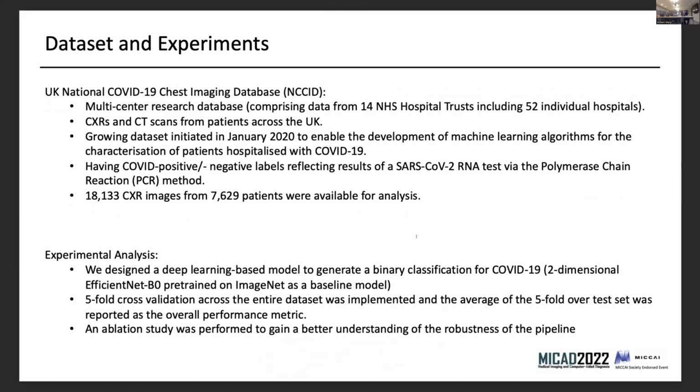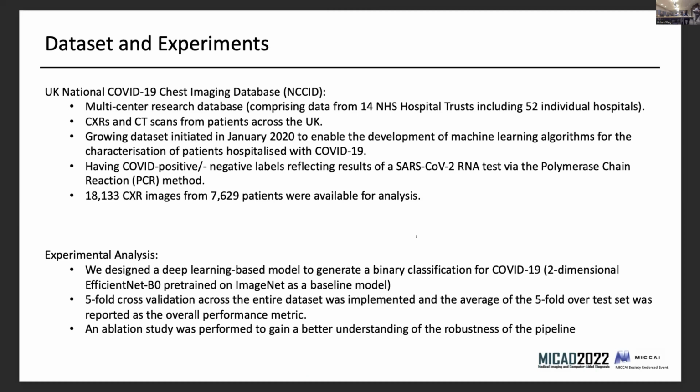Our task was diagnosis of COVID, with COVID positive and COVID negative cases confirmed with the RT-PCR test, so that was pretty certain. We had a bit more than 18,000 chest X-ray images, from 7,600-something patients.